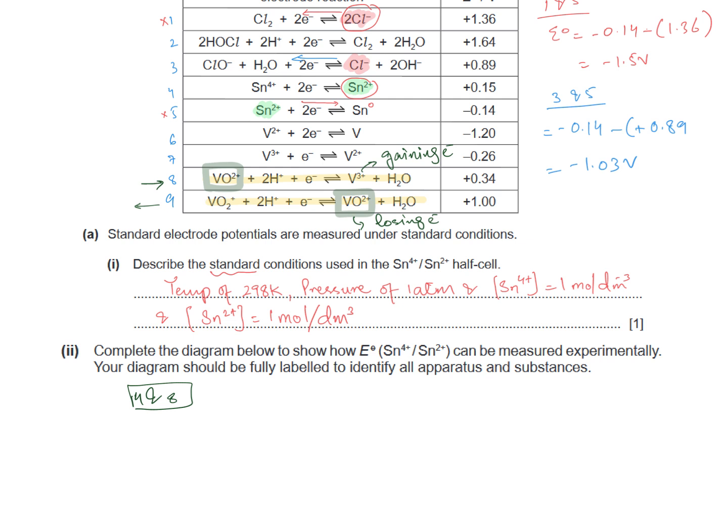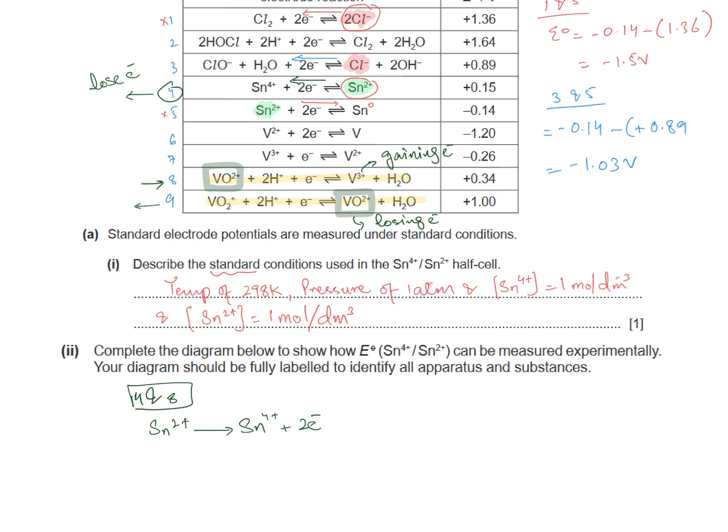If I check 4 with 8 and 9 both, if I'm using the gaining electron, this needs to lose electrons. Sn2+ to Sn4+, yes, it's going to move in this direction. This needs to go backward and lose electrons. So if I check 4 and 8, that could make sense. That means Sn2+ is going to form Sn4+ plus 2e-, which is happening.